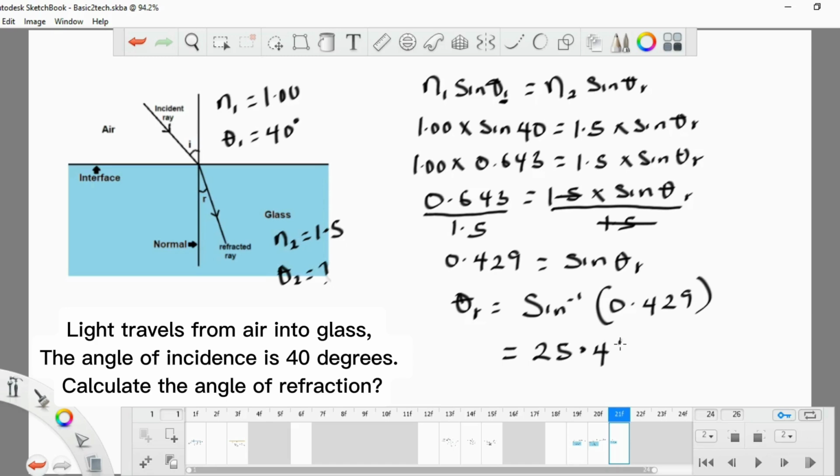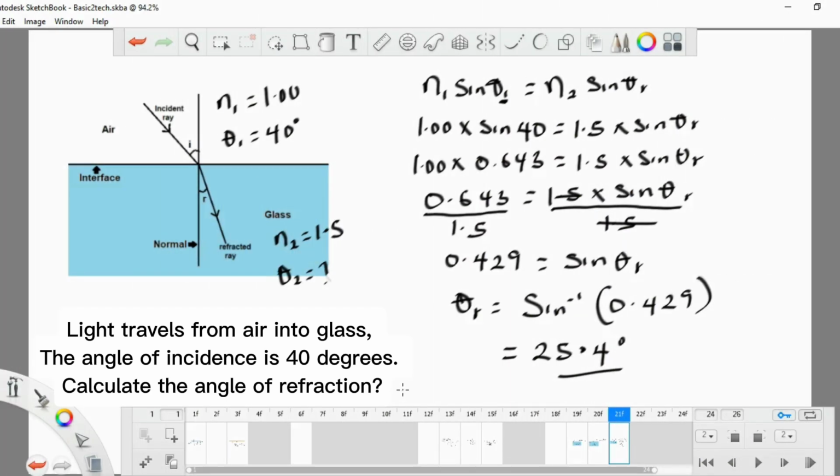So our angle of refraction is 25.4 degrees. As you can see from our final answer, the ray tends to bend toward the normal line because the light is coming from a less dense medium into a more dense medium. Hence, the angle is reduced to 25.4.